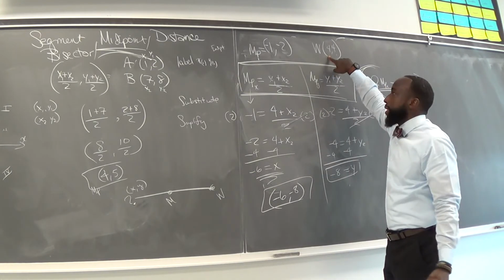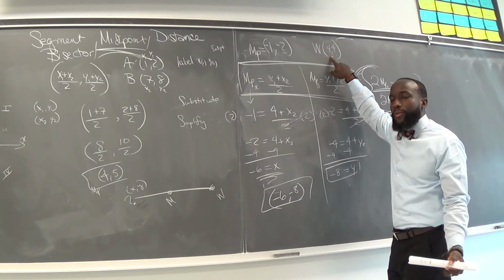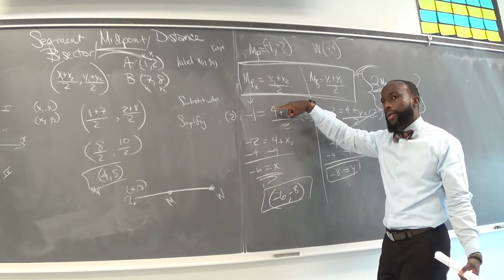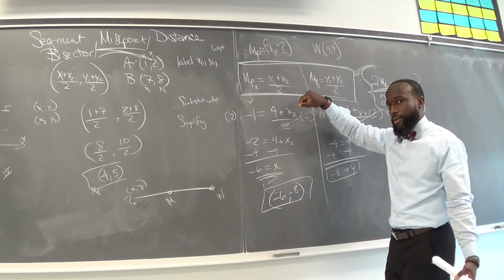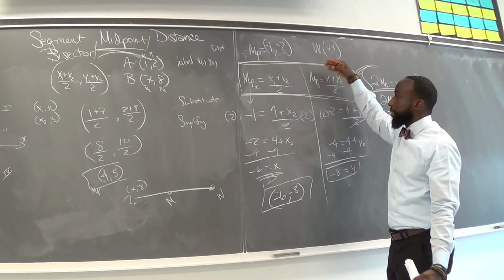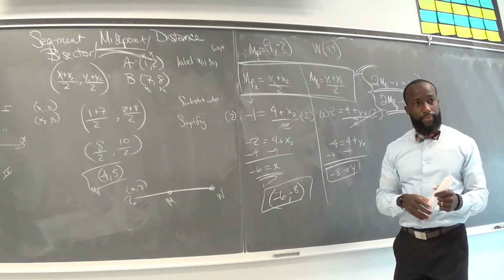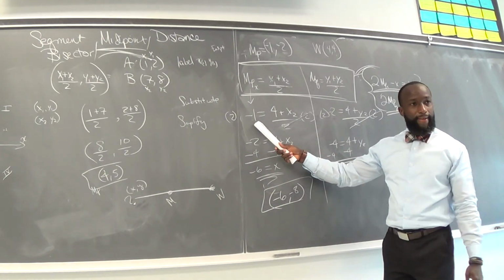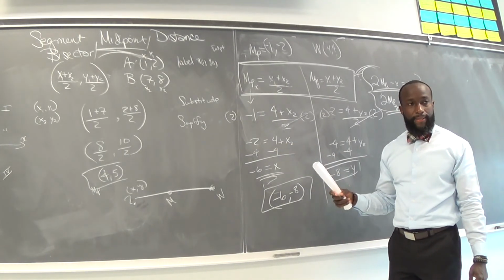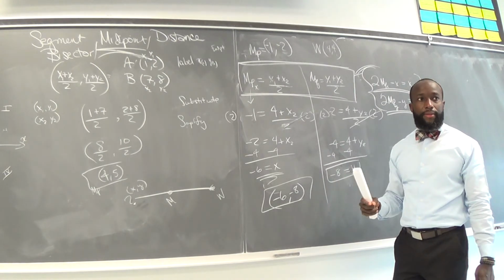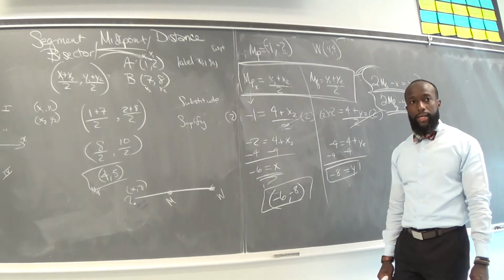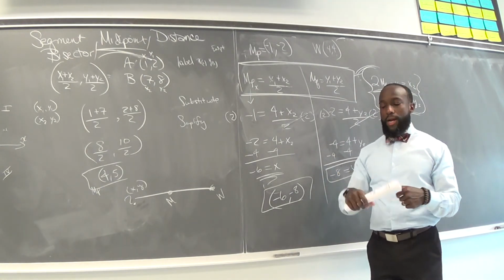So you can identify this as x2 and y2, and you find the x1 and y1. Yes, ma'am. The negative one came from the midpoint, and it's the x and then the y here. We all good?